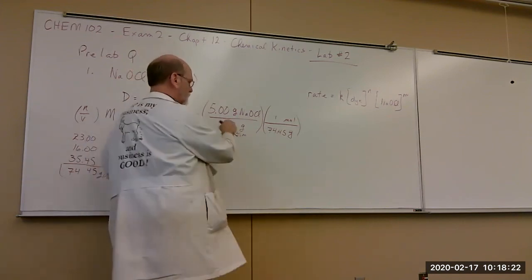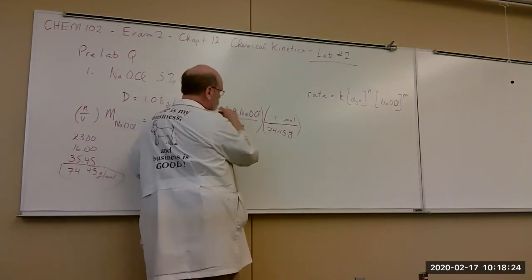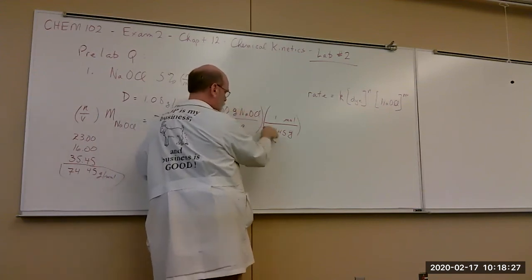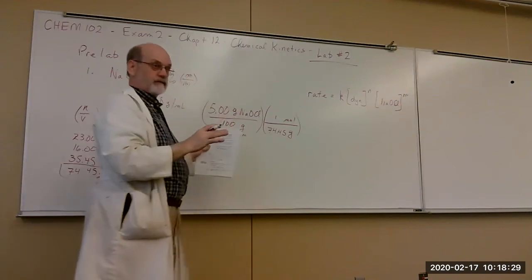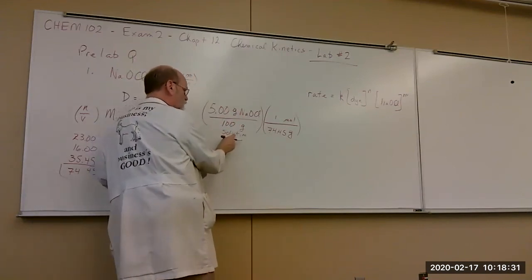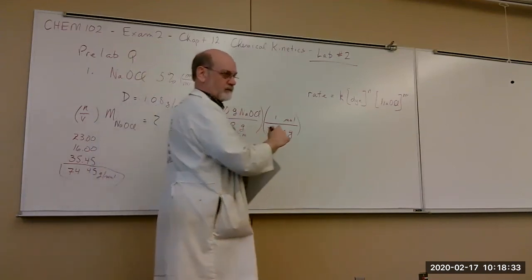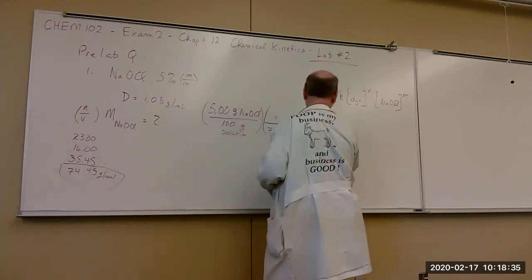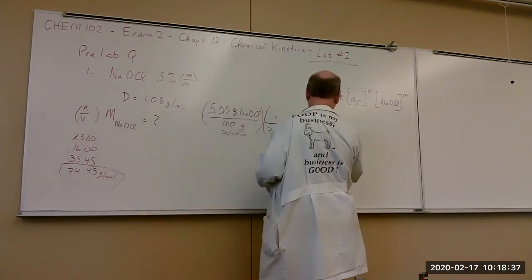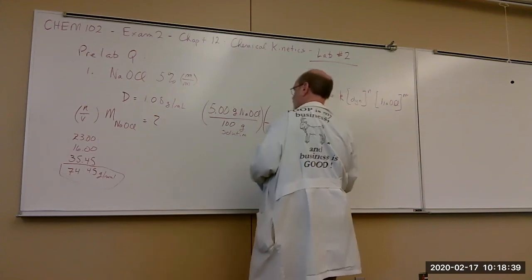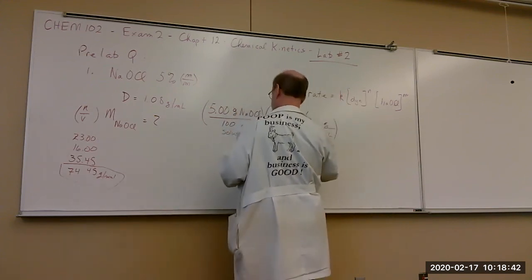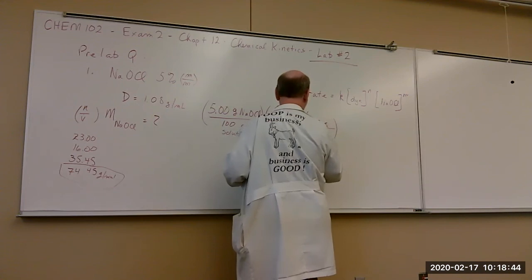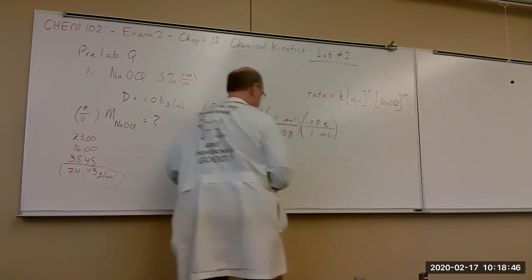Okay? We've already converted now to moles. That's good. But now we have to convert this to volume. So we've got 1.08 grams per 1 milliliter.